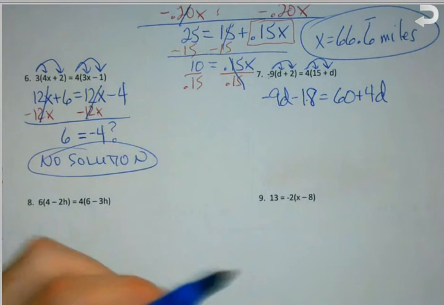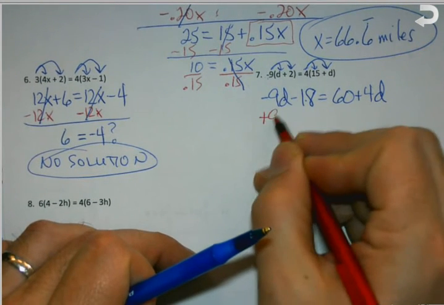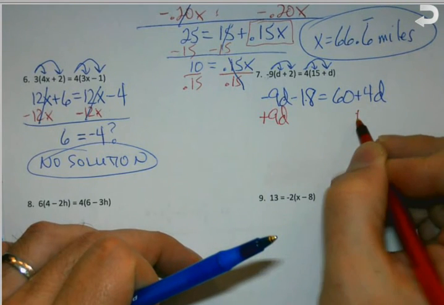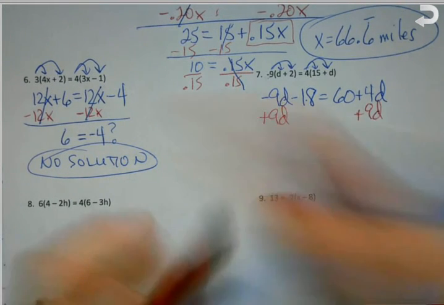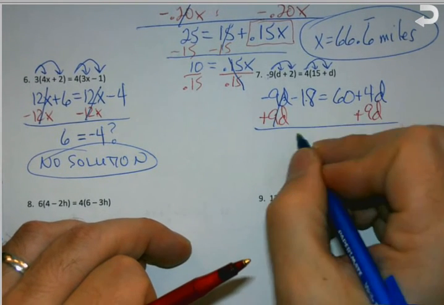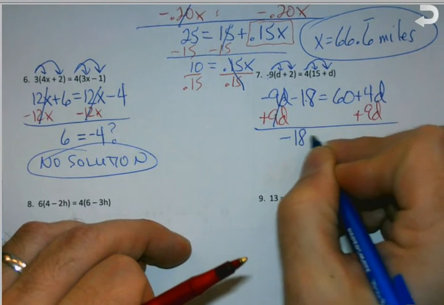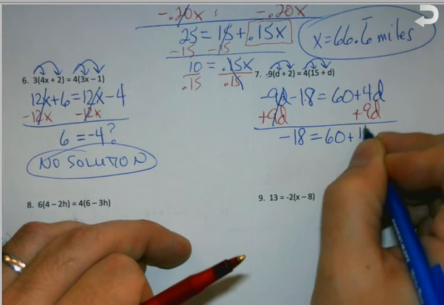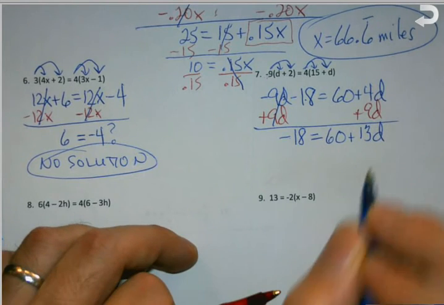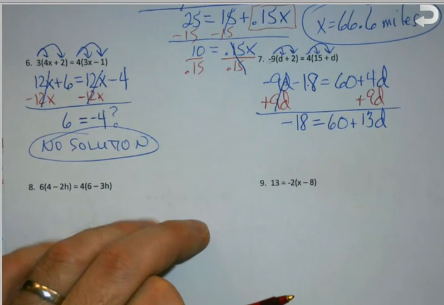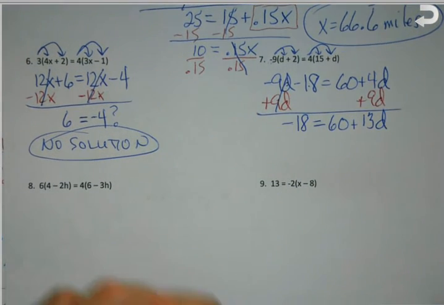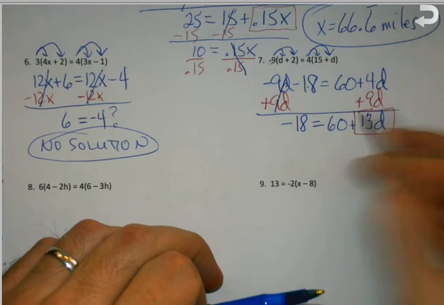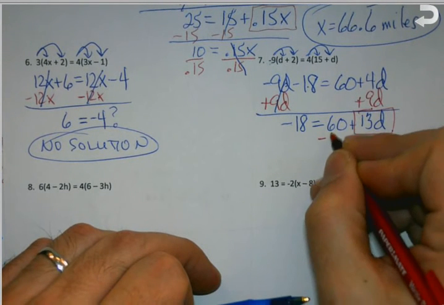It's up to you. Okay, we can add 9. Even though if you did subtract the 4d, you can end up with the same answer at the end. Negative 18 down to 60. Now what? Okay, subtract the 60.